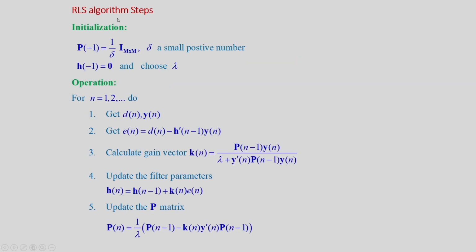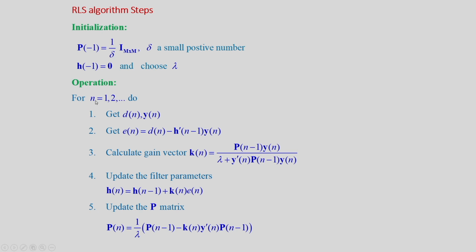Therefore, the RLS algorithm can be presented in the following steps. First is initialization: the inverse of the autocorrelation matrix is initialized at 1 by delta times I m by m. Then H of minus 1 is equal to 0, and we have to choose a proper value of lambda, the forgetting factor.